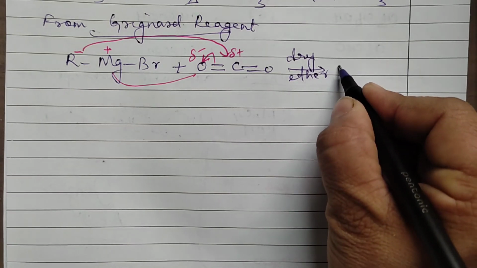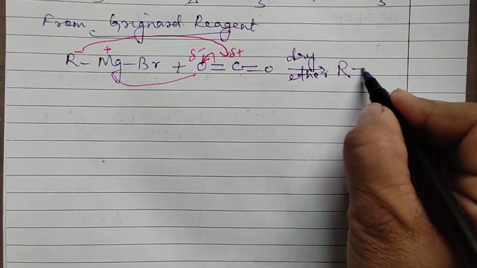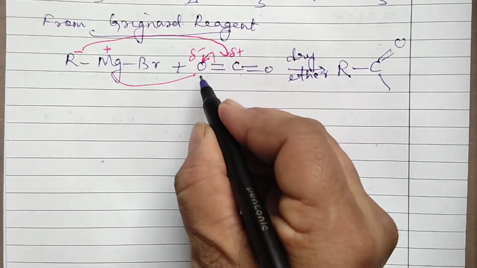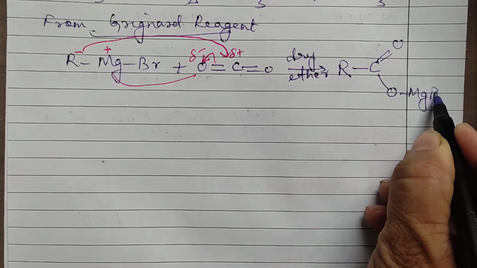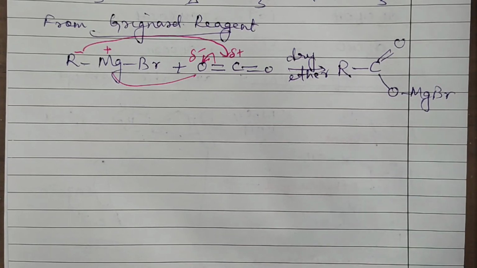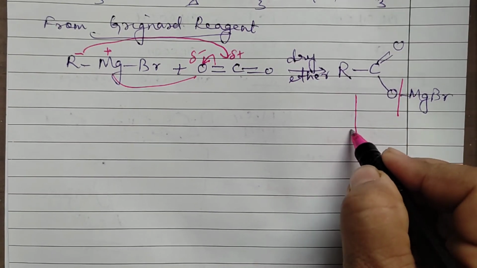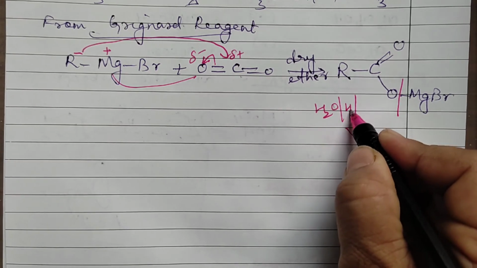So what changes I have shown here, I'll be representing in the product side. R will be attacking this carbon, so you will have here R, C double bond O that I've shown here. This O with MgBr, I'm showing the product down. So you will have OMgBr. And then as I said, for most of the cases, carry out its hydrolysis in the acid medium.